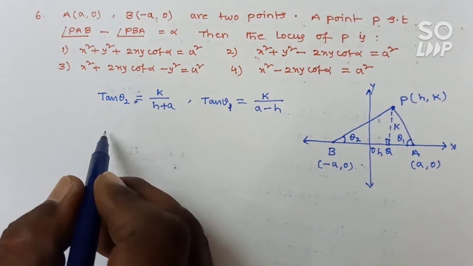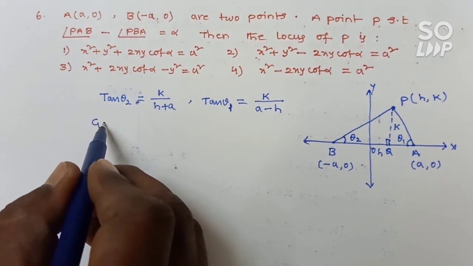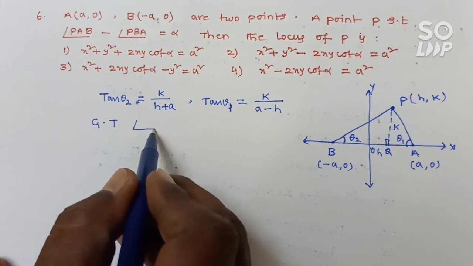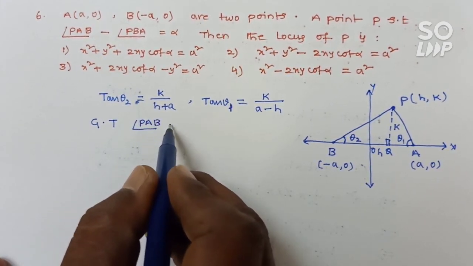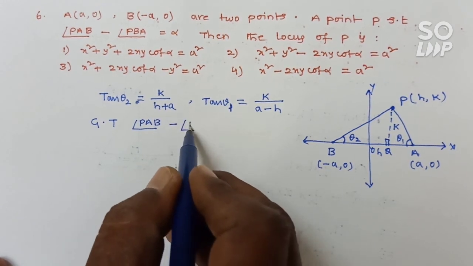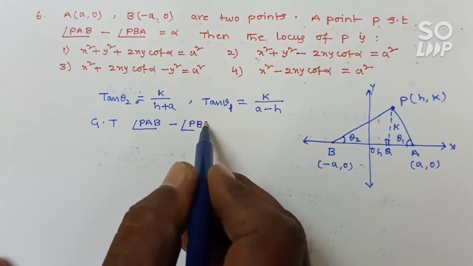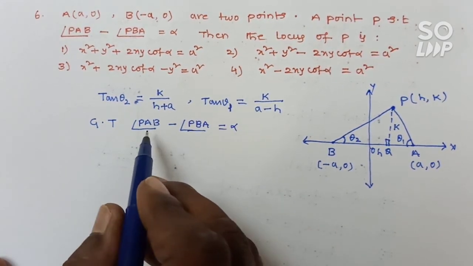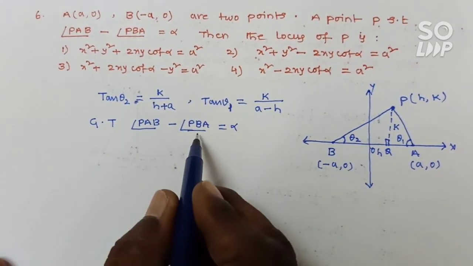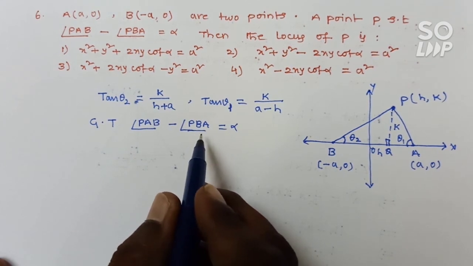Here the given value is angle PAB minus angle PBA is equal to alpha. So we assume angle at vertex A is theta 1 and angle at vertex B is theta 2.